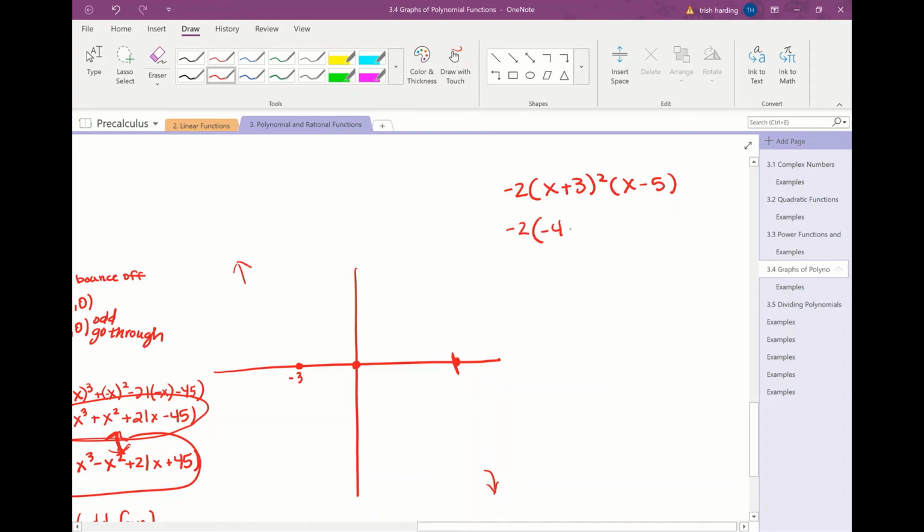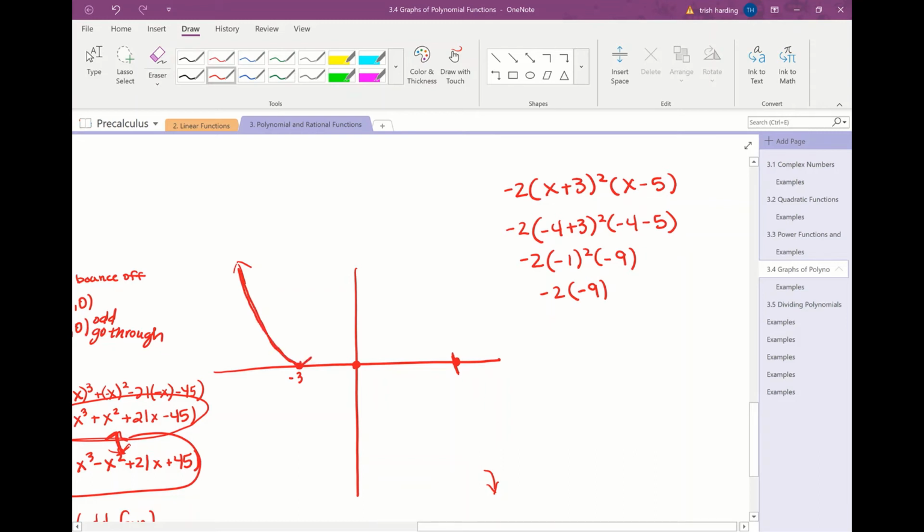It's going to be -4 plus 3 squared, and -4 minus 5. It's going to be -2 times (-1) squared times -9. So it's going to be -2 times -9. So this one's going to be positive. So I think it's going to bounce off this way.